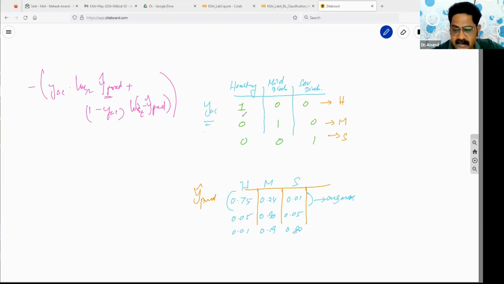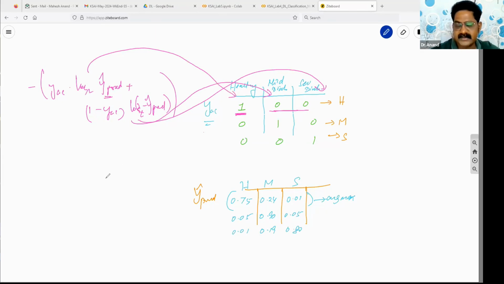Even though we don't use the word negative, in one hot encoding we call this a hot vector. These two are cold vectors, right? The second term you should use for the cold vector. The first term I should use for the hot vector. That is the meaning. So the extension of this formula to multiple nodes is called categorical cross entropy.